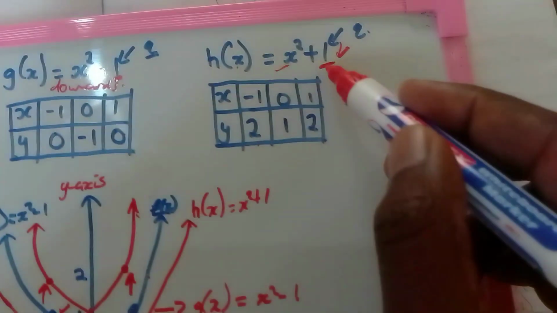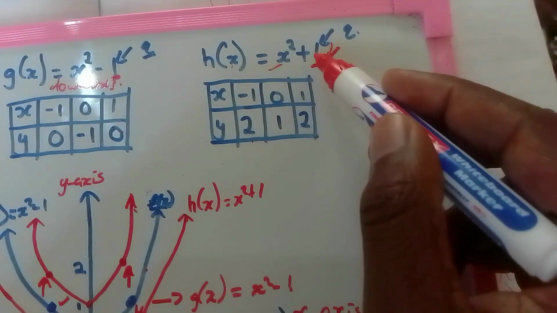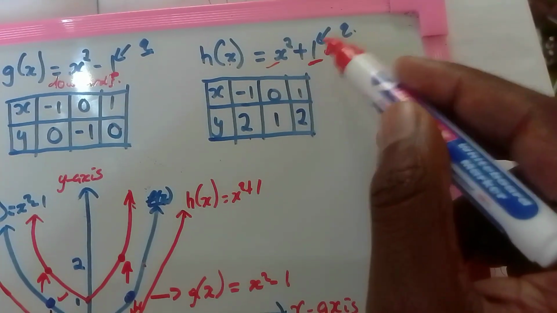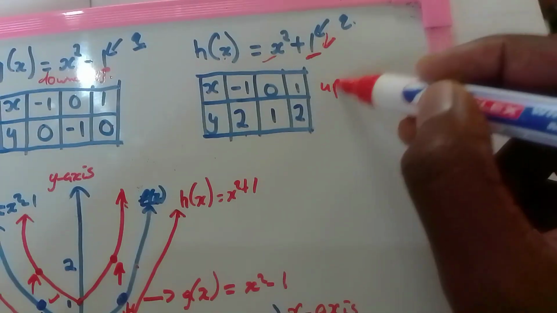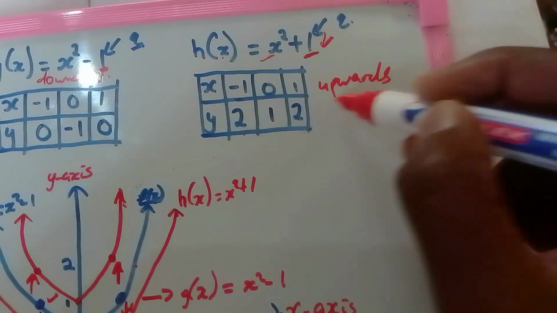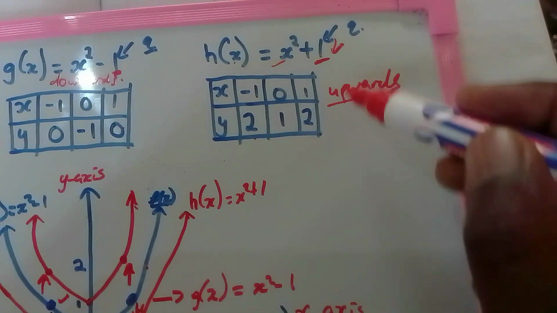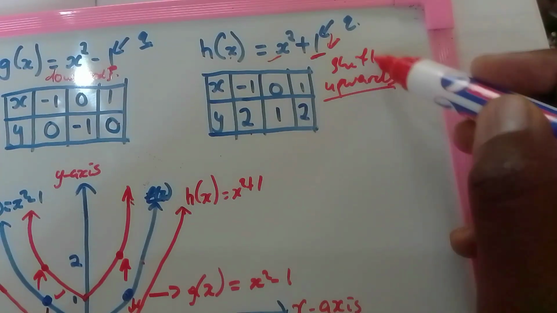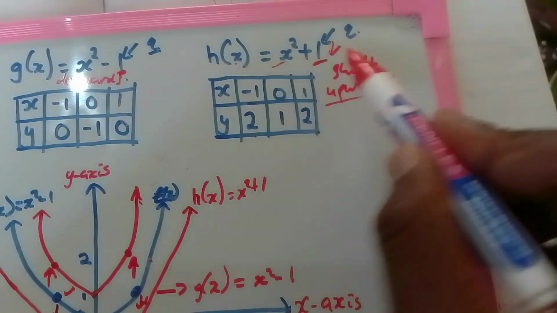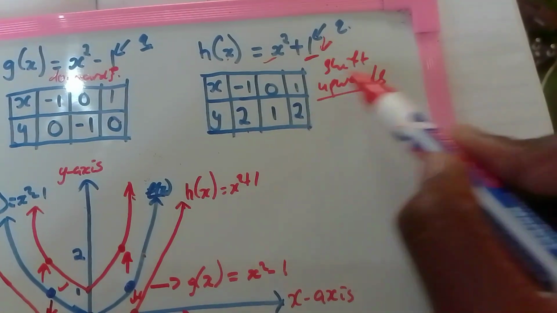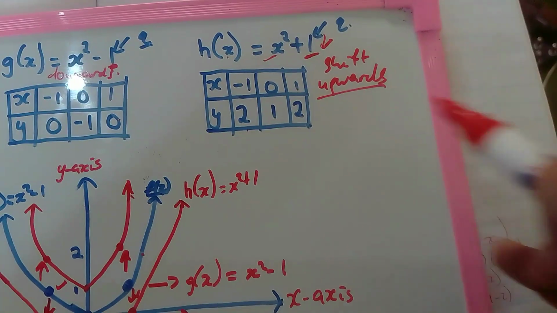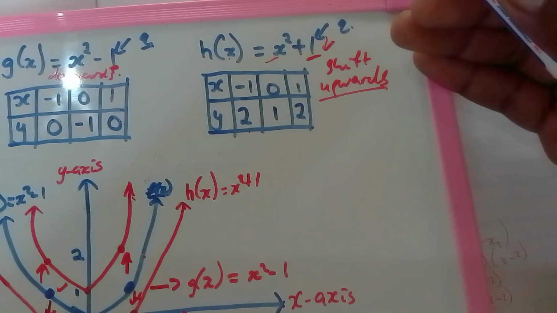So the effect of a positive number for the y-intercept, it makes the graph go what? Upwards, right? So the graph will shift upwards depending on the number, which means that if we had 2 here, the graph would have shifted 2 units upwards. If we had 4, it would have shifted 4 units upwards.